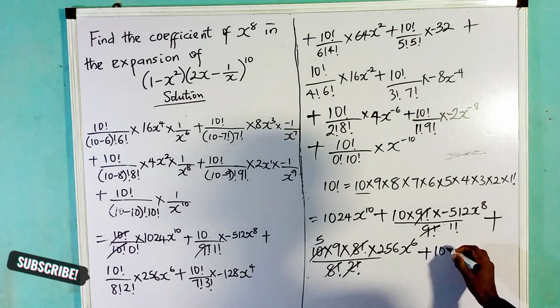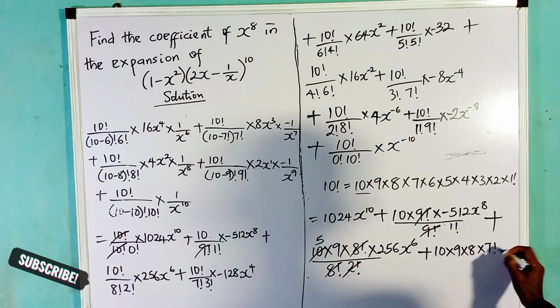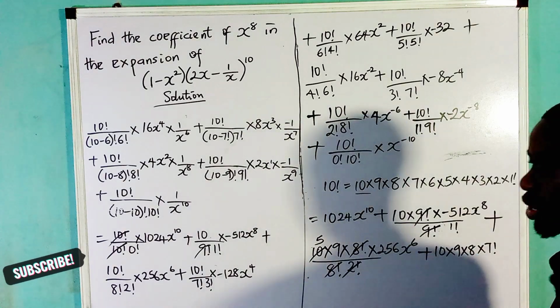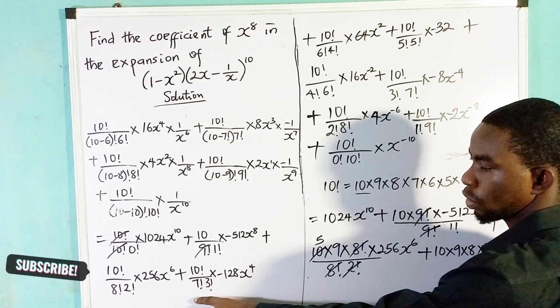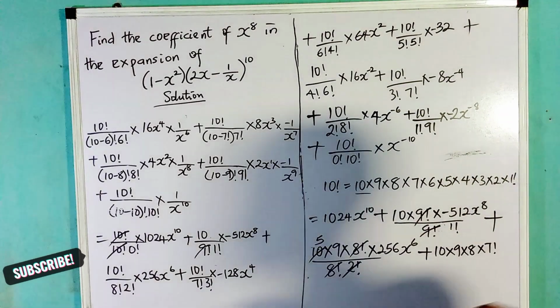Plus 10 factorial, 10 times 9 times 8 times 7 factorial. What I'm doing is reducing the value here so that we'll be able to get at least one of the denominators to cancel out.